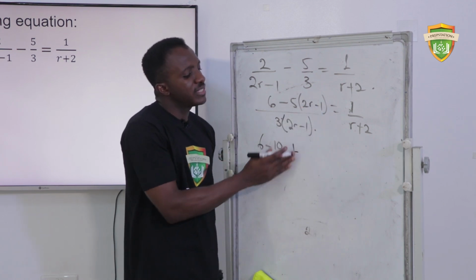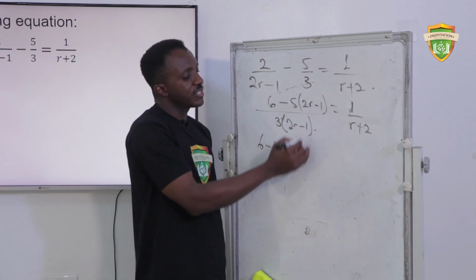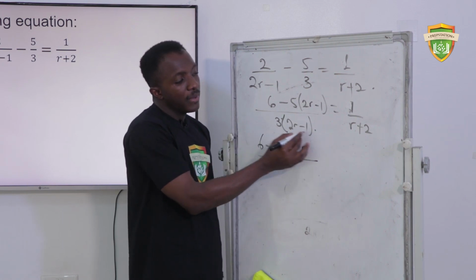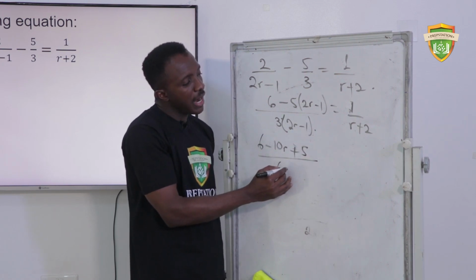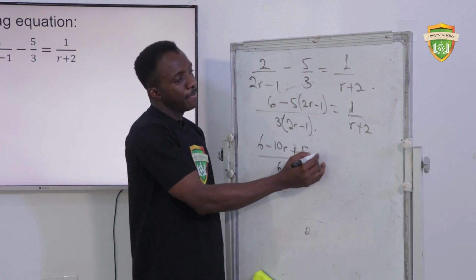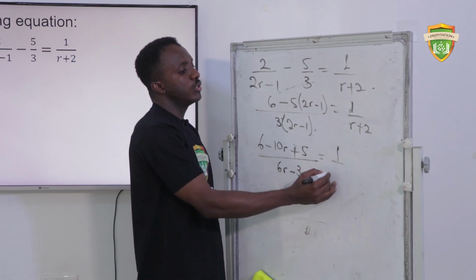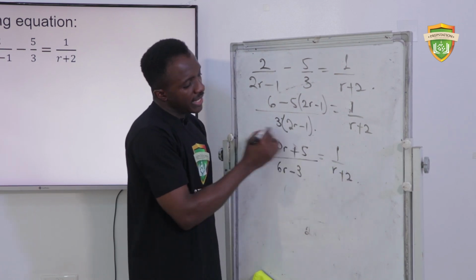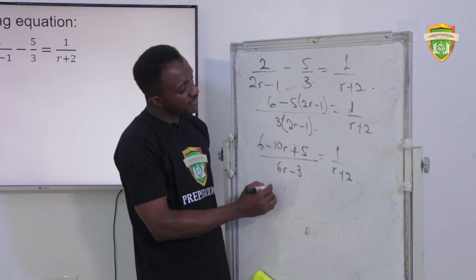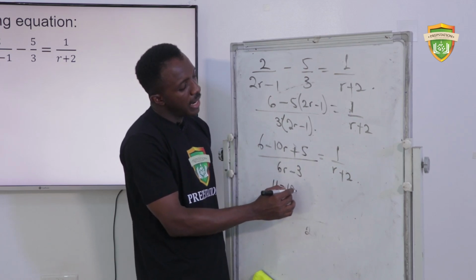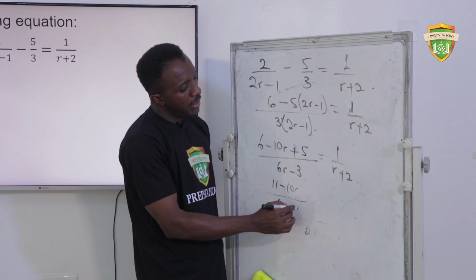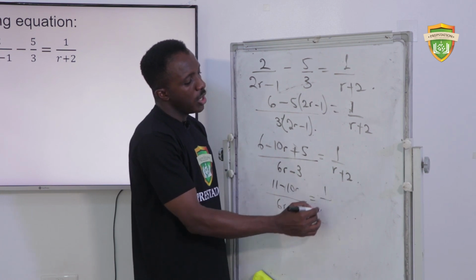So minus times minus is a plus, and we have plus 5 over, when you multiply this, 6r minus 3, and then we have this equal to 1 over r plus 2. We can simplify this. 6 plus 5 is 11 minus 10r over 6r minus 3 equals 1 over r plus 2.